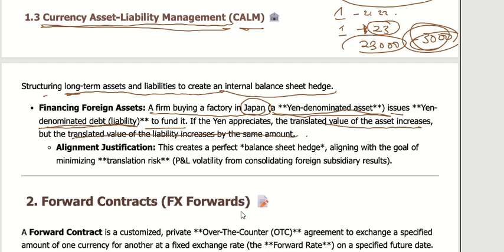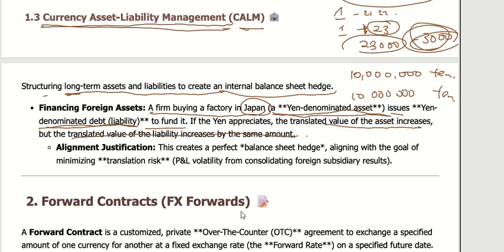So in other words, what we are saying is that the cost maybe of this factory is 10 million Japanese yen, right? So what you do is you go to a Japanese bank and borrow this same amount in yen.